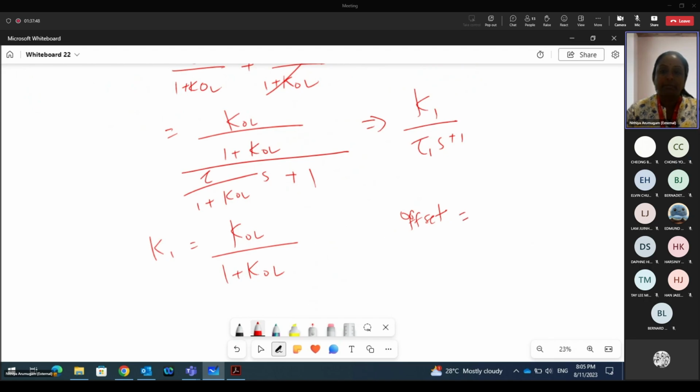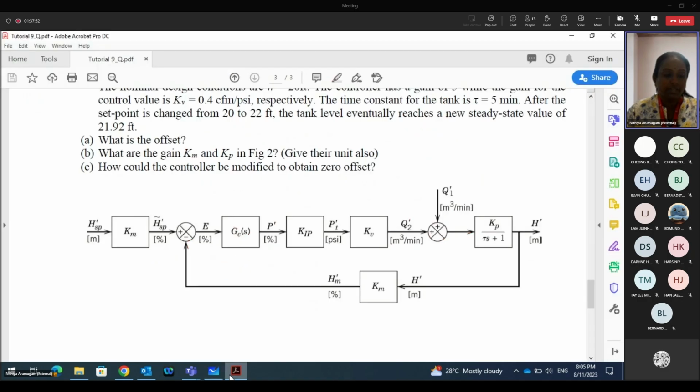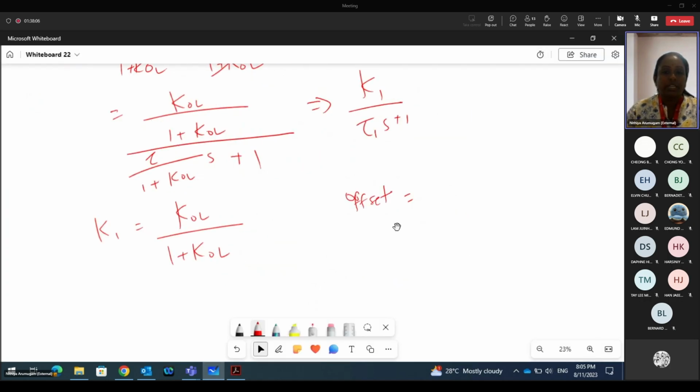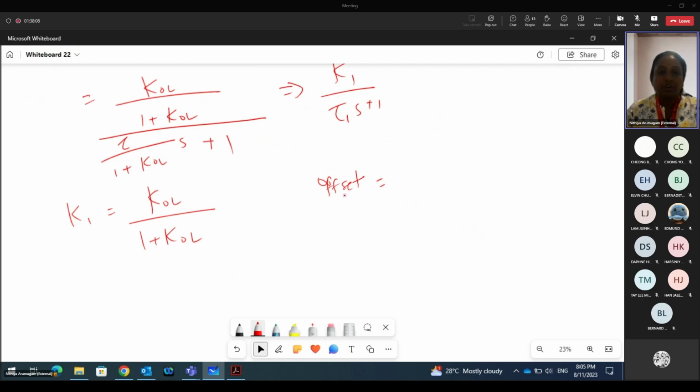We need to calculate what our Km and Kp are. Km we know already, so now we need the offset to calculate the Kp. For us to calculate Kp, the offset needs to be calculated. With the open loop condition, the offset formula will be M over 1 plus KOL.